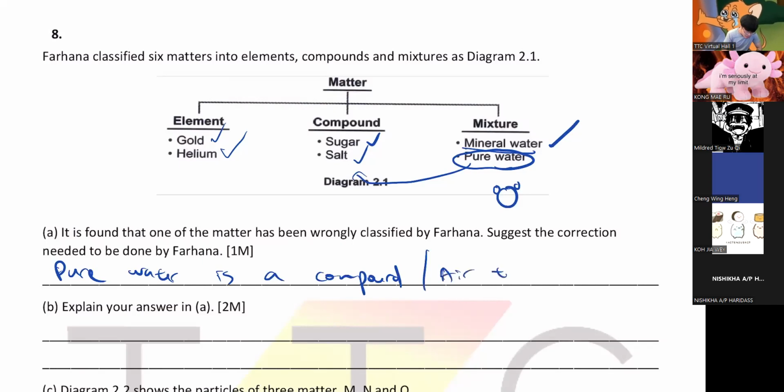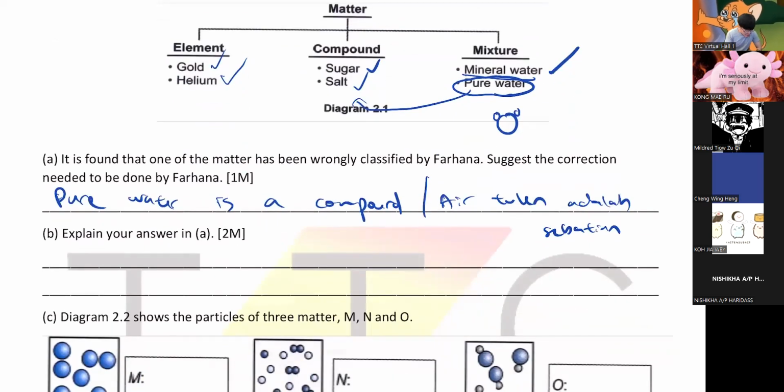Air tulen adalah sebatian. Why is it a compound? Because it contains 2 types of elements combined chemically.